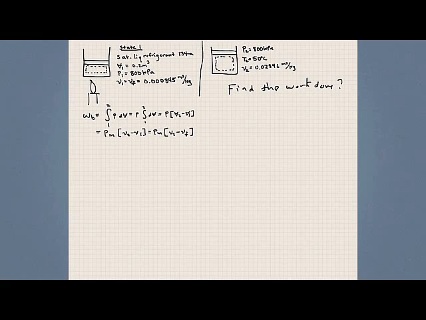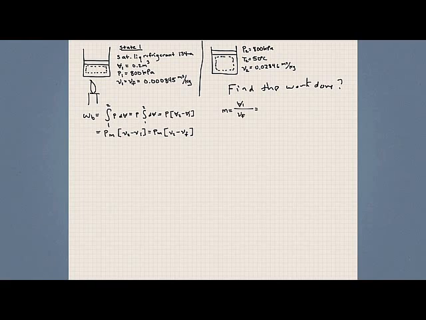So mass, and this is the definition that you can use for a closed system, is just the volume of our system at state 1 divided by the specific volume at state 1, or this is also v_f.